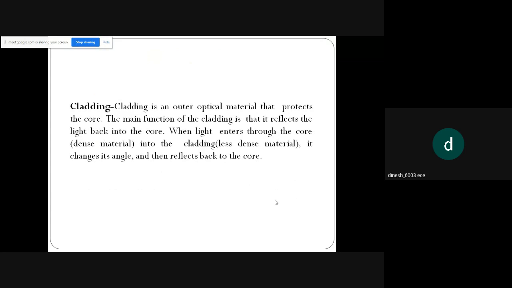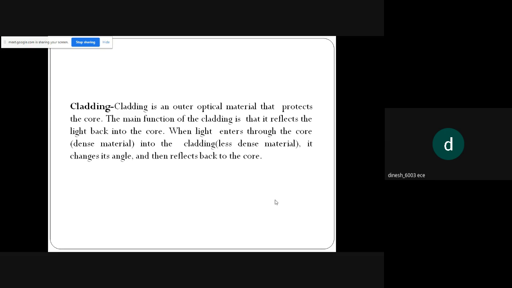So next is the second part, which is cladding. Cladding is an outer optical material that protects the core. The main function of the cladding is that it reflects light back into the core. The reflection principle is done by the cladding material.